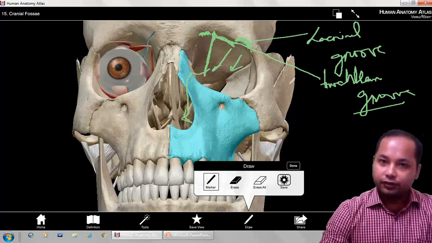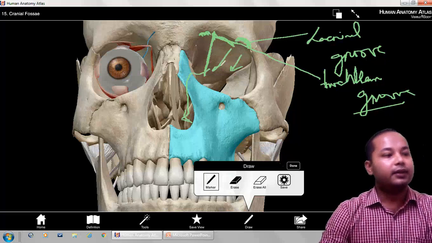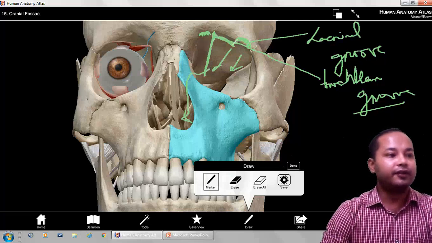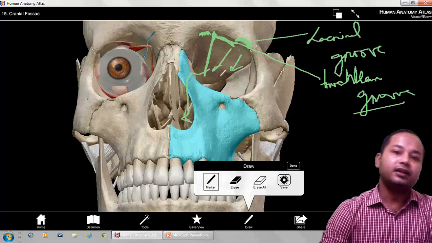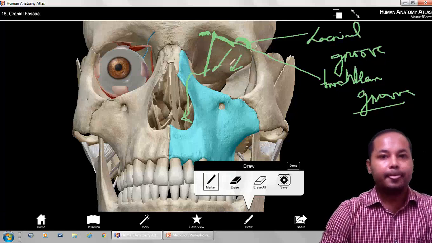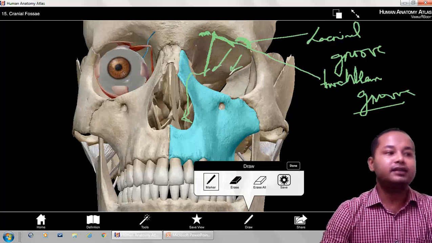Of course the superior oblique muscle also comes from there, but it makes a turn so that the force of contraction is not similar to the superior rectus muscle, and in fact it makes an intorsion while it is doing its activity.